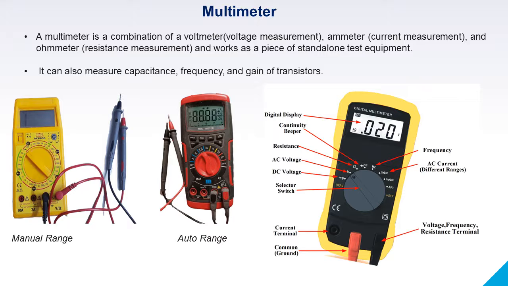Depending on your requirement, you have to put the selector switch in that mode. There is current terminal, common ground terminal, voltage and frequency resistance terminal, AC current terminal, and frequency terminal. So these are the various types of measurement can be obtained by using one meter, and that's why it is called as multifunctional meter or multimeter.